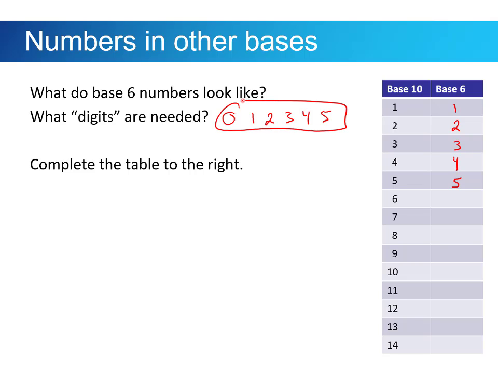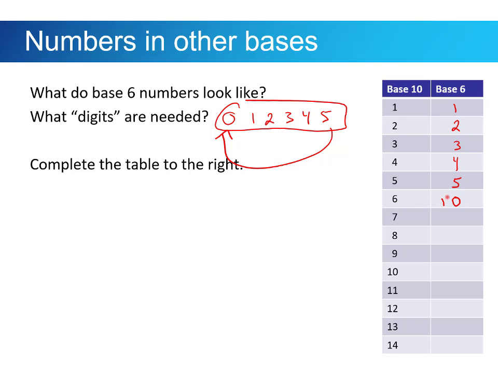I don't have that symbol in base 6 arithmetic. Once I get to 5, I have to wrap back around to 0. Well, what happens is 5 wraps around to 0, but the digit to the left gets increased by 1. In this case, there is no digit to the left, so I put a 1 right there. And so in base 6, 1, 0 really means the same thing as 6. Right? 1, 0 in base 6 means 6.